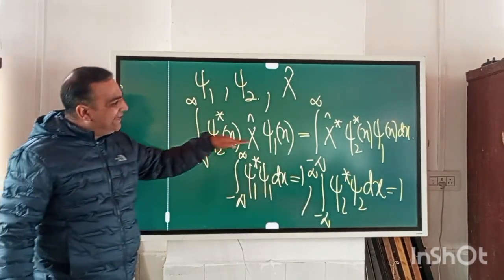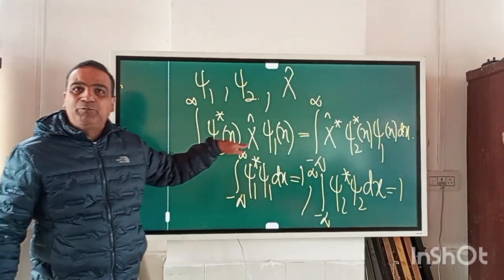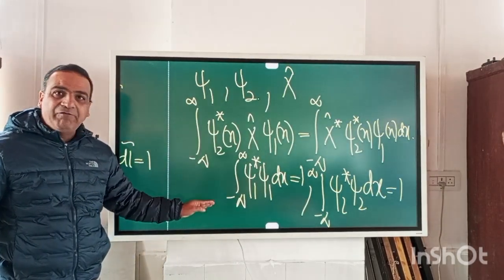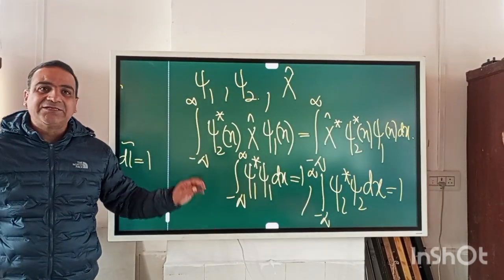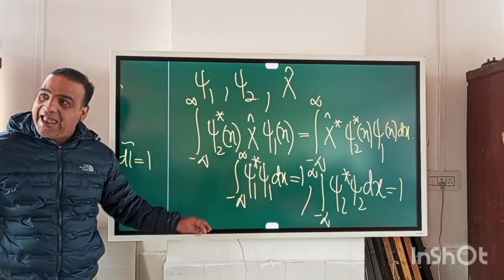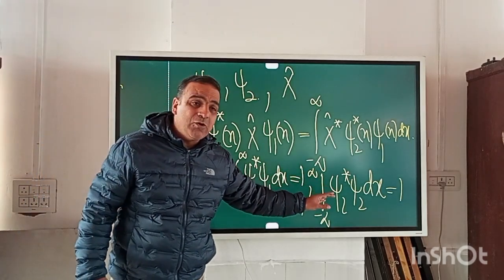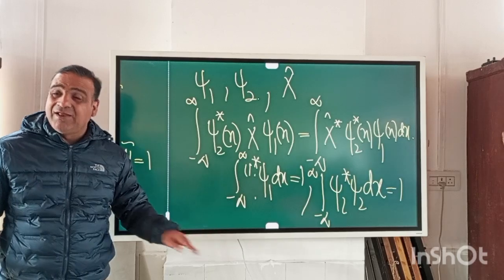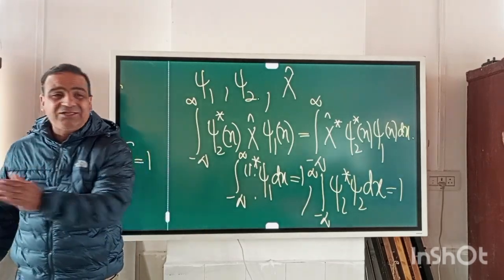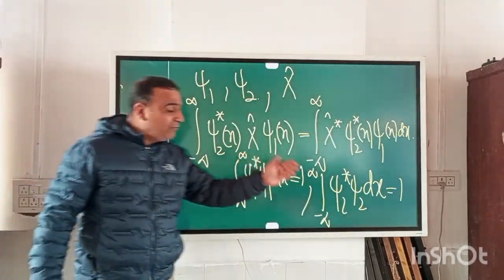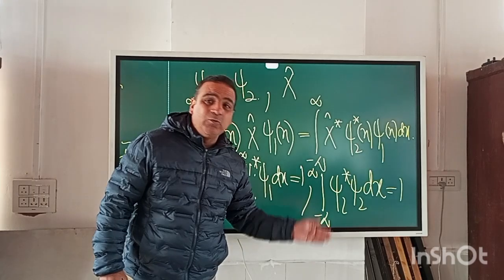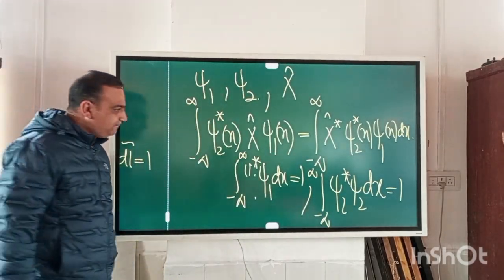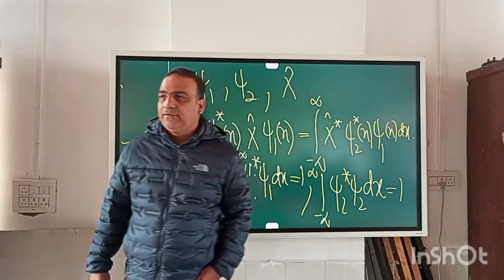You can obtain this condition only if you presume that the wave function psi 1 is normalized, the wave function psi 2 is normalized, and both psi 1 and psi 2 vanish at plus minus infinity. Is this clear to you?